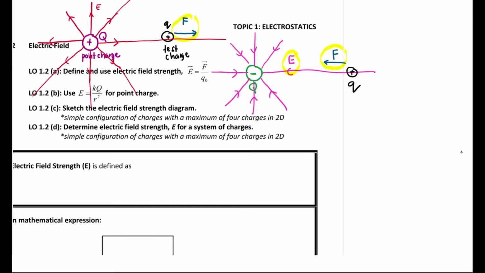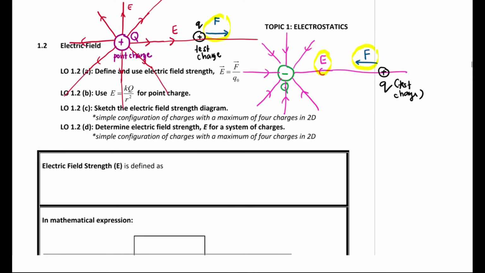In the same direction as the force. Okay, so based on definition here, the test charge is positive test charge. And dia kata apa tu? Electric field, same direction as the force F. Same direction tadi, ini tadi.